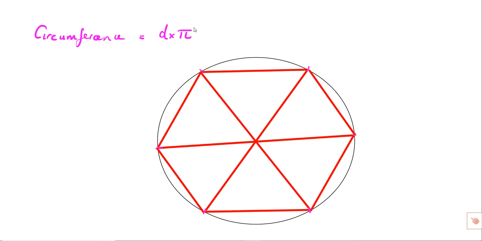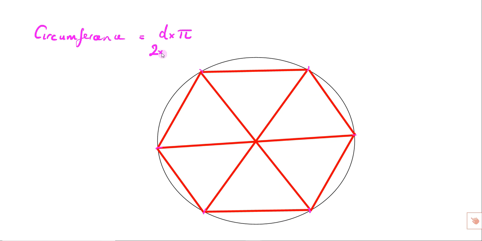Couldn't it also be the radius times 2 pi? Yeah, or 2 times the radius times pi. Now, here's the thing. What is pi? Do you know what number pi is? 3.1415.